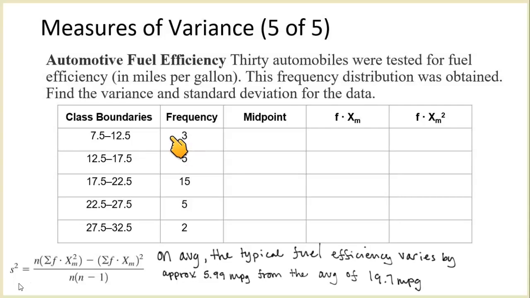So if we knew the 3 values in this interval and the 5 values in this interval, and we compared each of those 30 values to the 19.07, on average, they vary by about 5.07 miles per gallon. So that's what the standard deviation tells us.